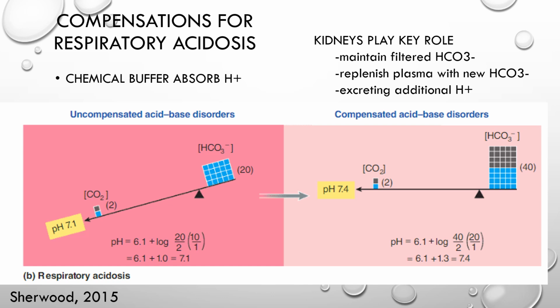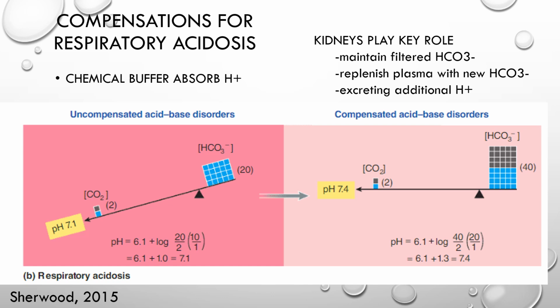They maintain all of the filtered HCO3 and replenish the plasma with new HCO3, while secreting and excreting additional hydrogen ions in the process. As a result, the body's HCO3 reserves rise.